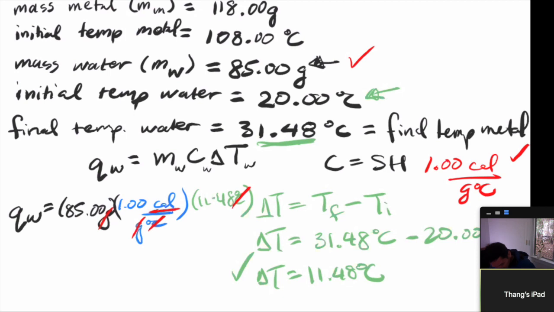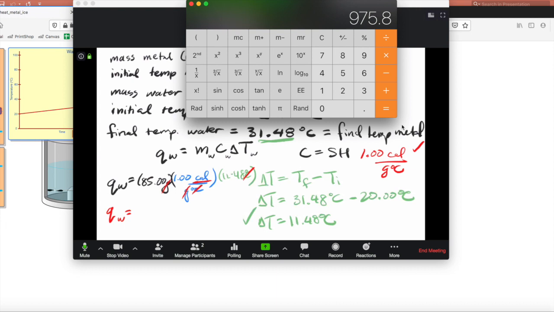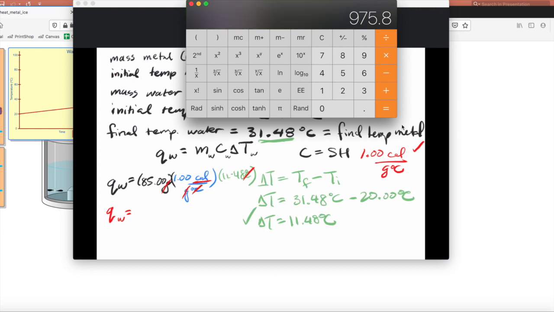Okay, so go ahead and take our calculator again. QW then is equal to what? Okay, that is equal to 975.8 calories. Okay, so let's just keep track here.